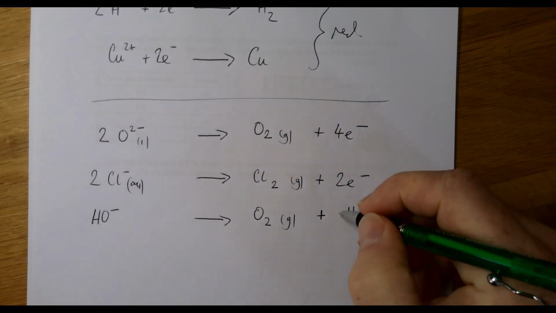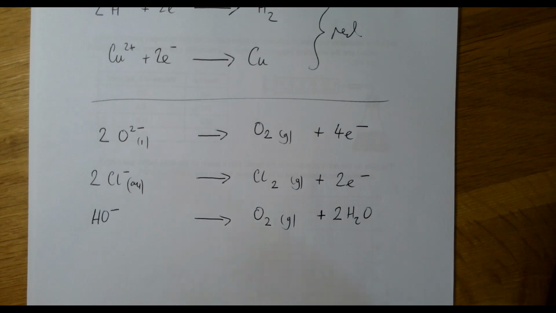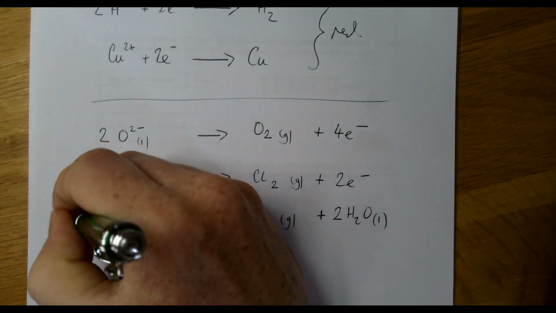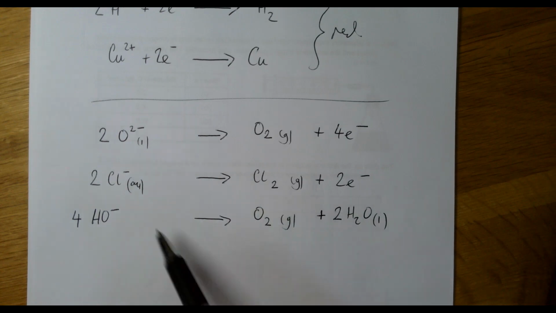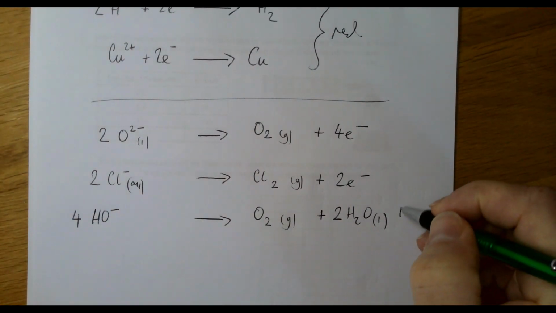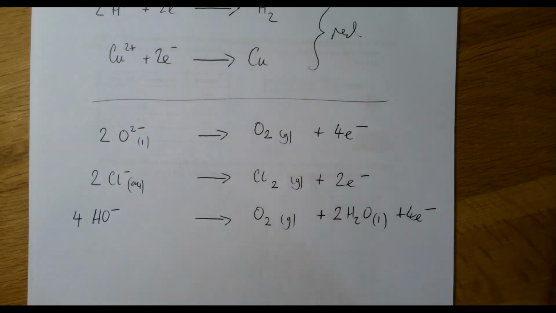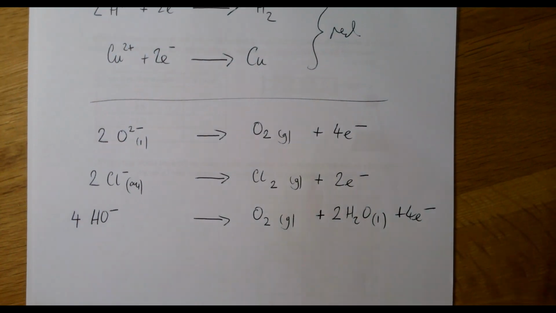And the only way to really make this work is if you have 2 waters produced, 4 hydroxides therefore needed, so 1, 2, 3, 4 oxygens, 1, 2, 3, 4 hydrogens on both sides. Stick the electrons on the more positive side. Job done. So those are examples of when you would see half equations and ionic equations in your GCSE.